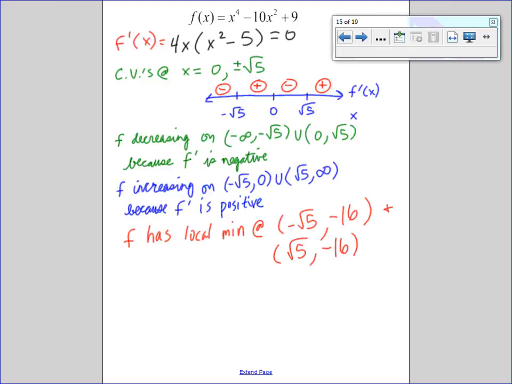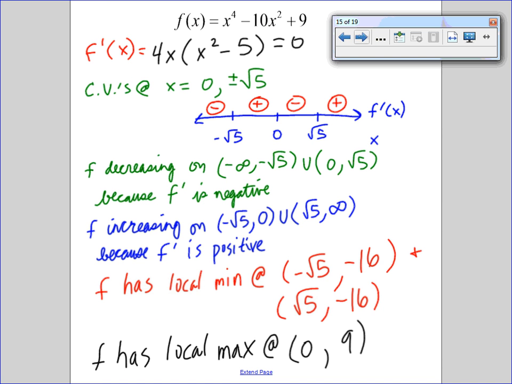And lastly, f has the local maximum value at 0, and I have to evaluate. It's 9.